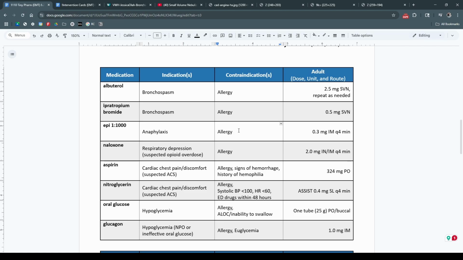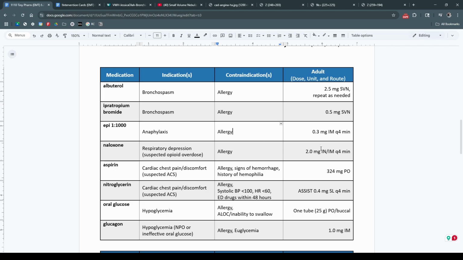Whatever the case, we always ask with every patient if they're allergic to it, and then don't give it if they're allergic. Now, in the case of some of these things, if somehow I knew they were allergic to them and needed it very badly, I would probably just call med control for authorization. We want to make sure that we don't harm patients, but we also want to make sure that we give them these life-saving medications. And the likelihood that a person in anaphylaxis is also allergic to epi is probably pretty outstanding.